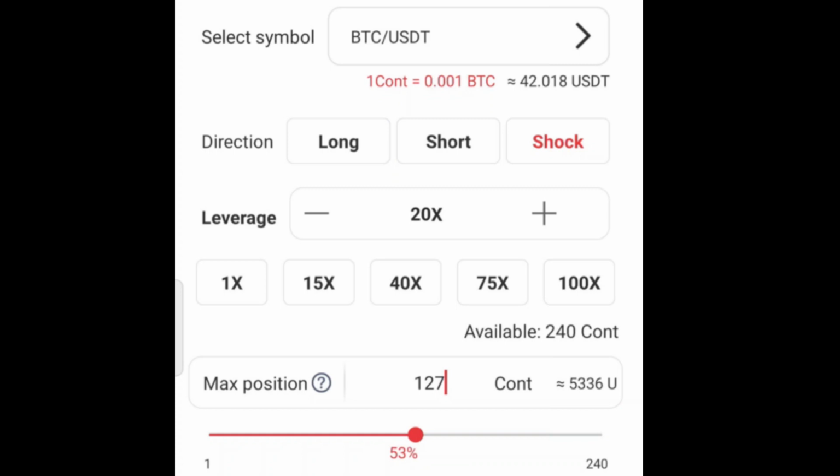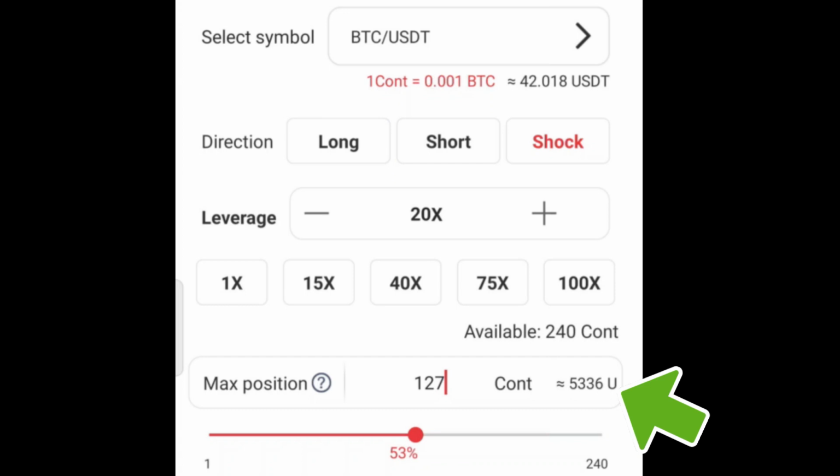Just now the con, one con is equivalent to 0.001 BTC or equivalent to $42. So you multiply $42 by 127, you will get 5336.